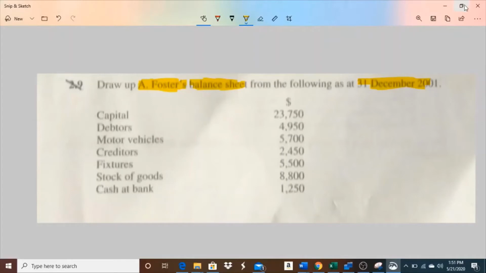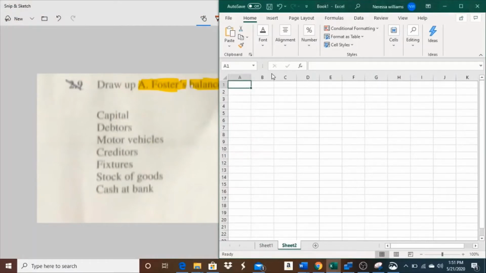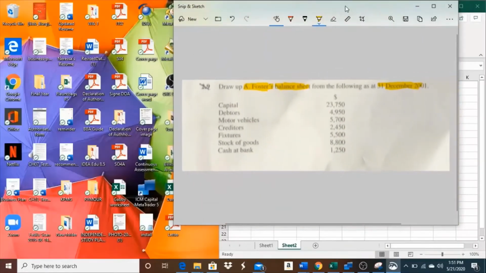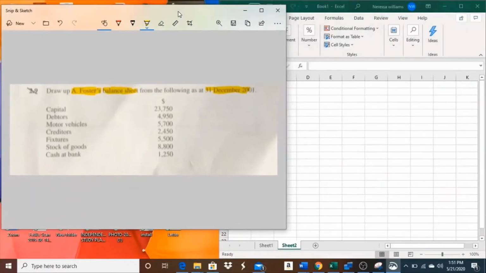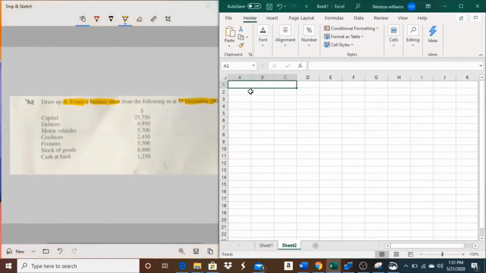Now let me just start by putting that in. We have to put in the name of the person or the organization. I'm doing it from scratch, I hope you can see. So we have A. Foster's. We're doing his balance sheet.